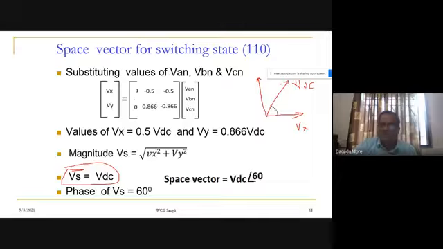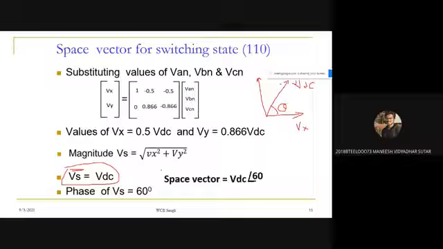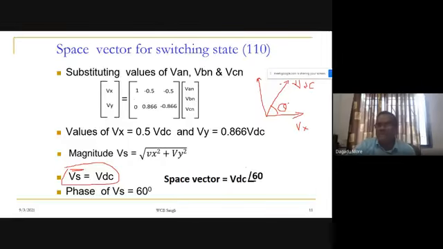You find out this theta. Theta will be tan inverse of Vy by Vx. And this angle comes out to be 60 degrees. Is it right?